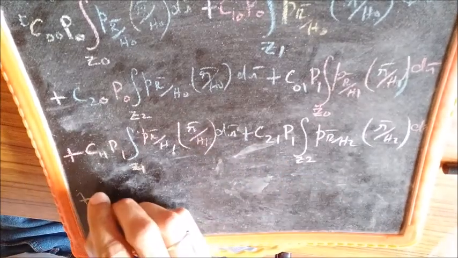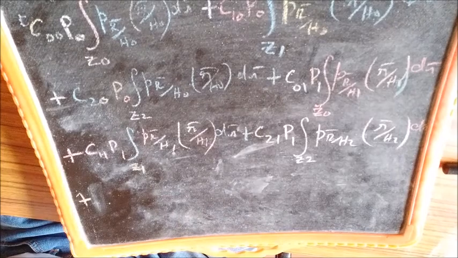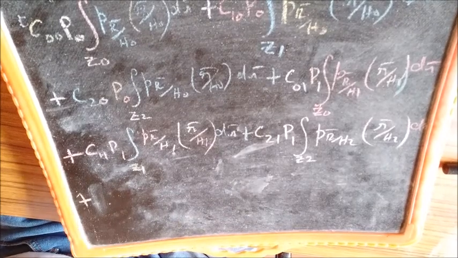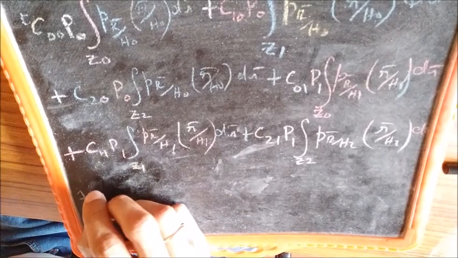Now finally we have to repeat this j 0 to 2 for I is equal to 2.